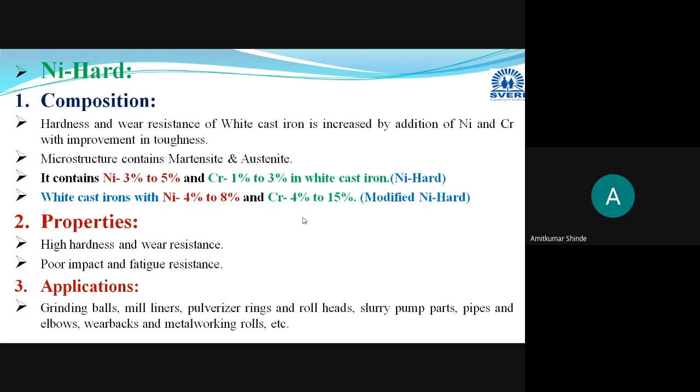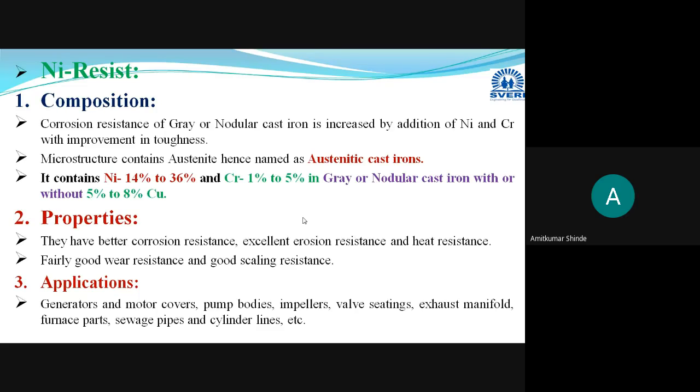Now after nickel hard, the next type is nickel resist cast irons. As from the word itself, nickel resist, here we are going to improve the corrosion resistance. Here we add nickel and chromium, the same elements, but now we are adding these alloying elements in gray cast iron or nodular cast iron, so that its corrosion resistance gets improved.